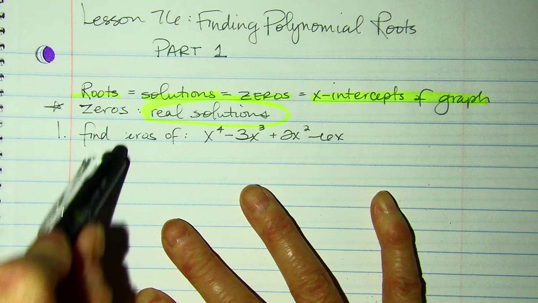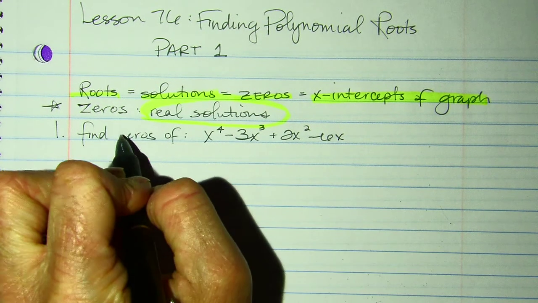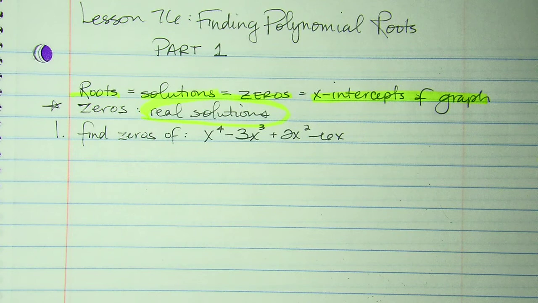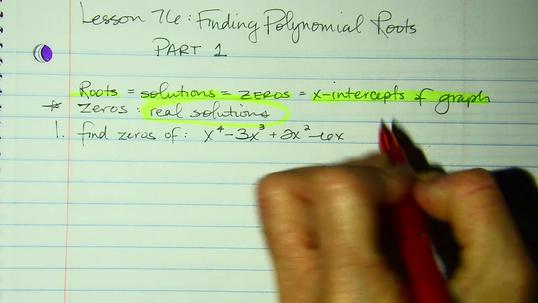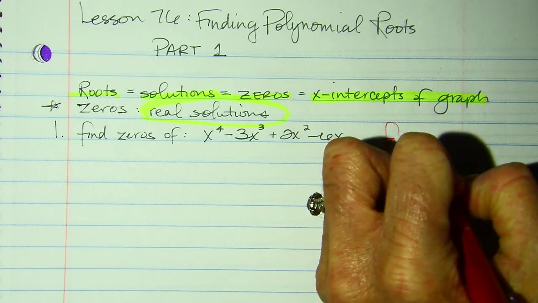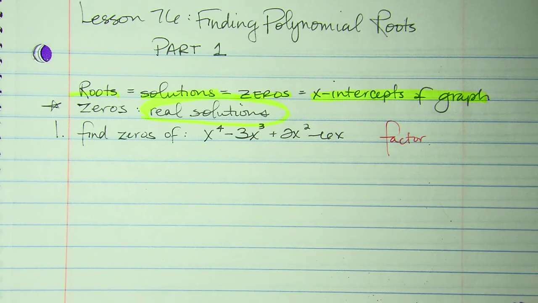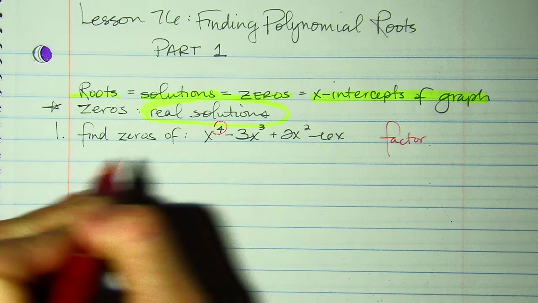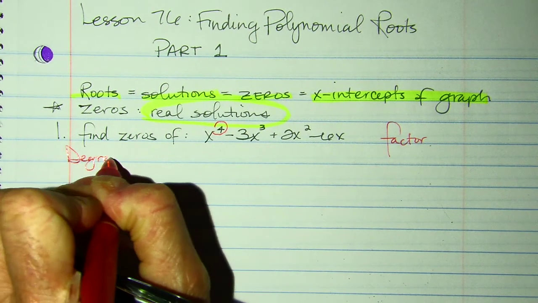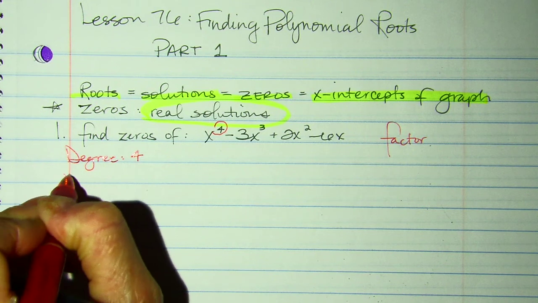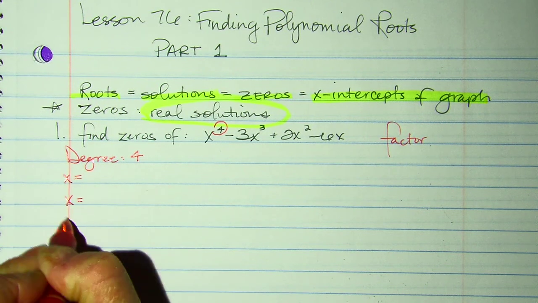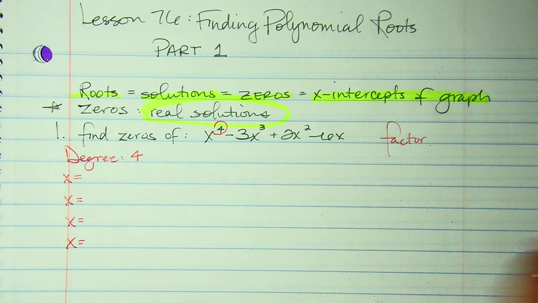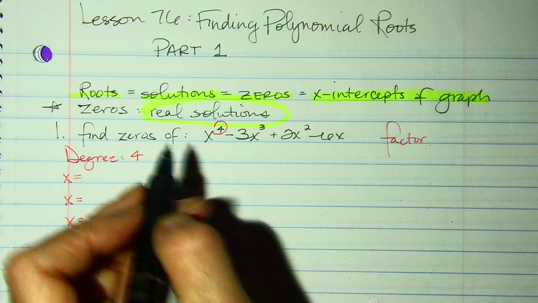It's really whatever method works best, but the method I'm going to use for this one is factoring. I notice that my degree is 4, so I have 4 possible solutions. I'm going to factor this by grouping.